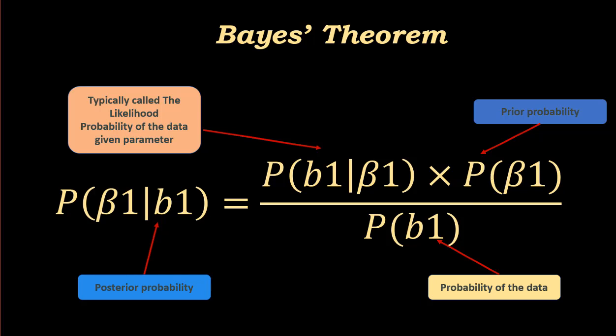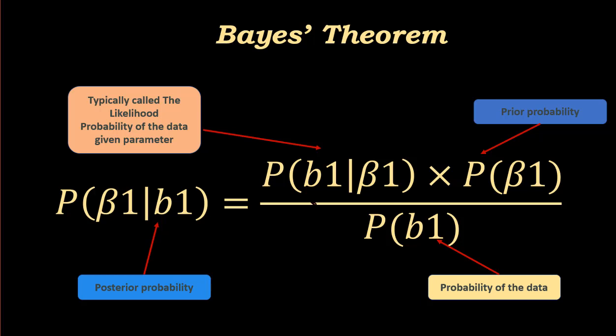And here we are going to have a distribution over different possible values of beta 1. And here in the probability of the data given the parameter, for each possible value of beta 1, we have to determine what's the probability of obtaining the B1 that we obtained in our sample.